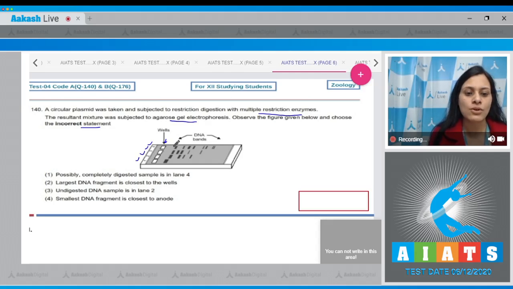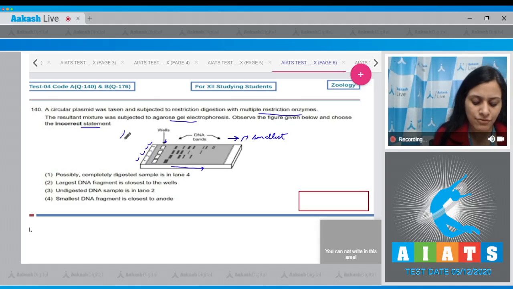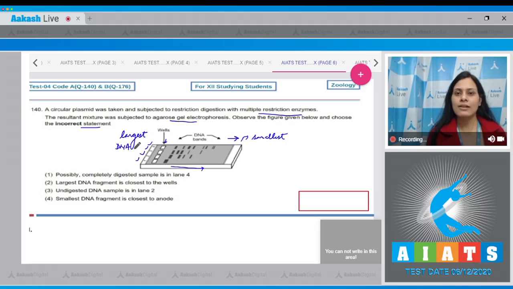These are the wells where you load your DNA sample, and as the gel electrophoresis happens, the DNA fragments separate according to their size. The smallest one will be closer to the anode, and there you will find the smallest DNA fragment, and here you will find the largest DNA fragment. Accordingly, we will see the options.